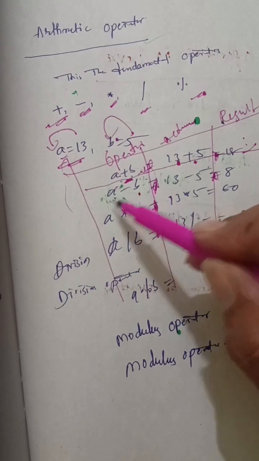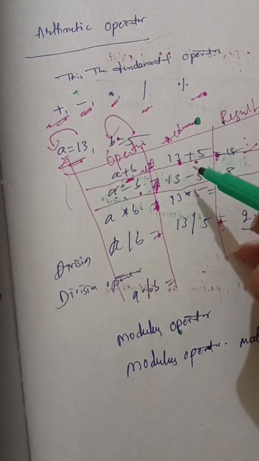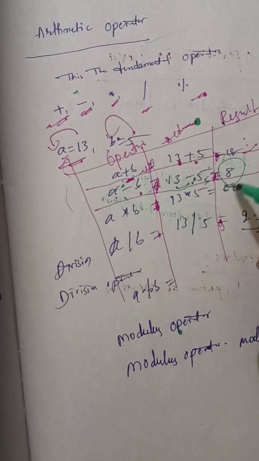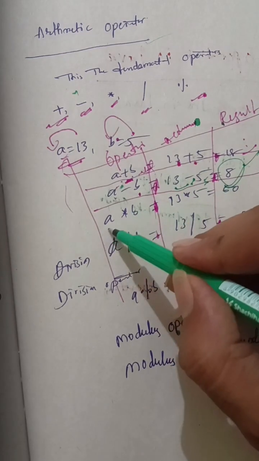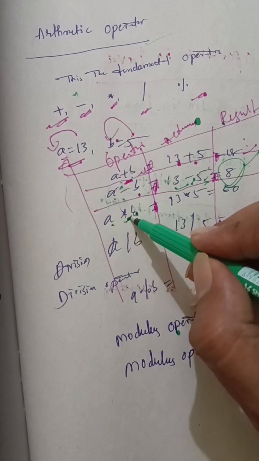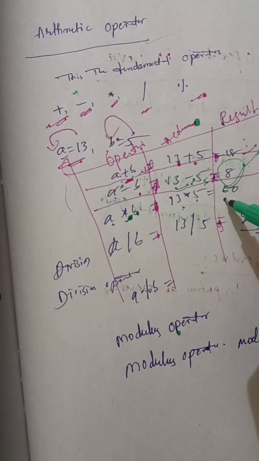Now a minus b means 13 minus 5, the result is 8. Next, a into b, the multiplication operator: 13 into 5 is 65.